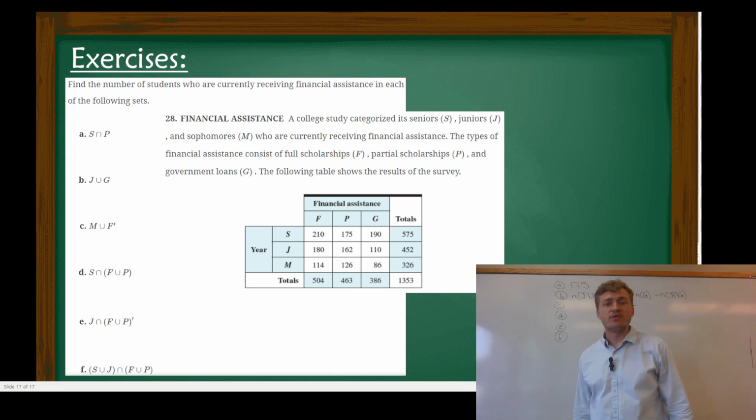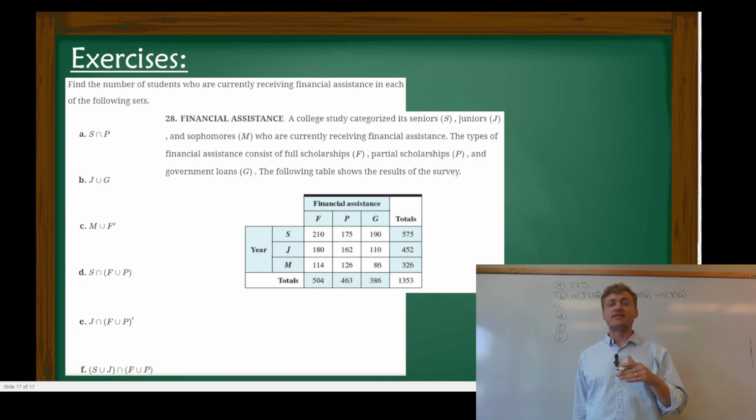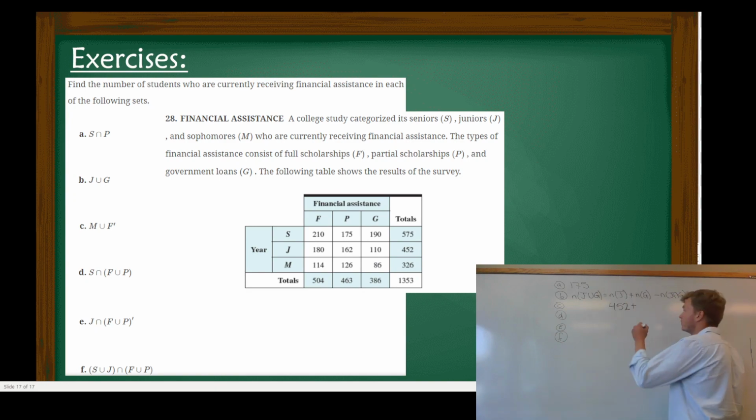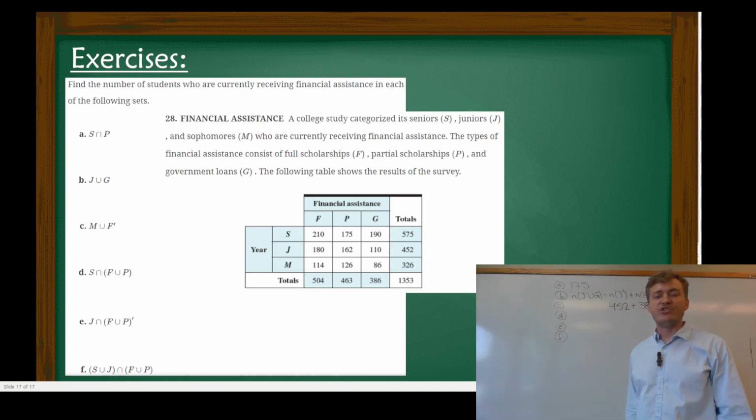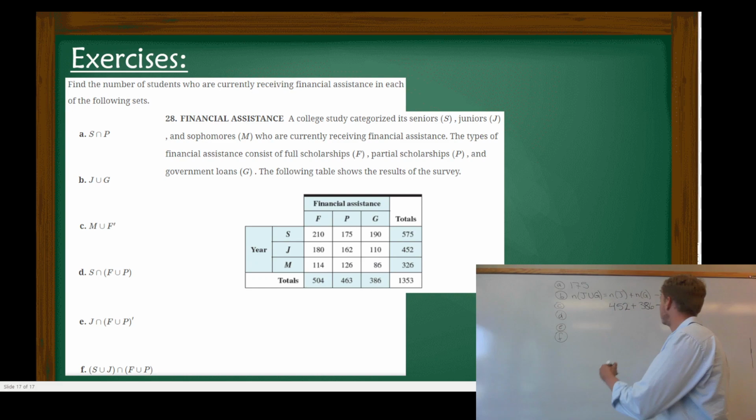Likewise, for government loans, there are a total of 386 students. That is 190 seniors, 110 juniors, 86 sophomores, for a grand total of 386 receiving government loan. Now think about why we're about to subtract this number. We're going to subtract the intersection where J and G intersect, and that's 110.